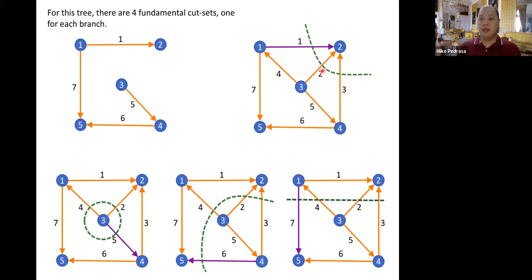This is a fundamental cut set because branches 1, 2, and 3 divide the entire graph into two disconnected subgraphs: this one and that isolated node 2. The cut set is composed of branches 1, 2, and 3, and only one of them is branch number 1.